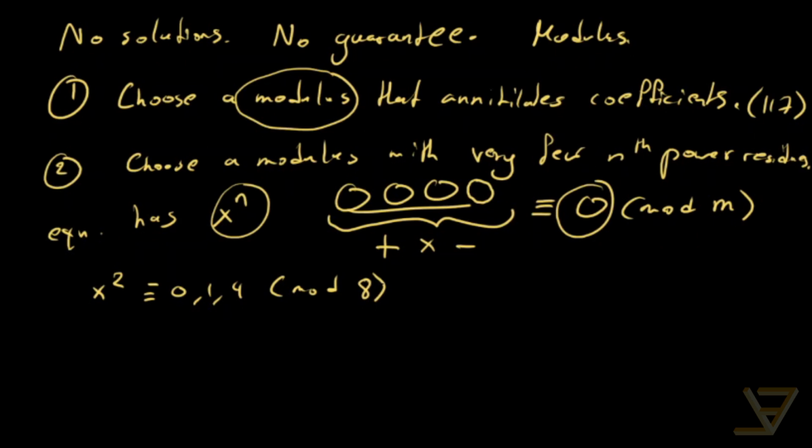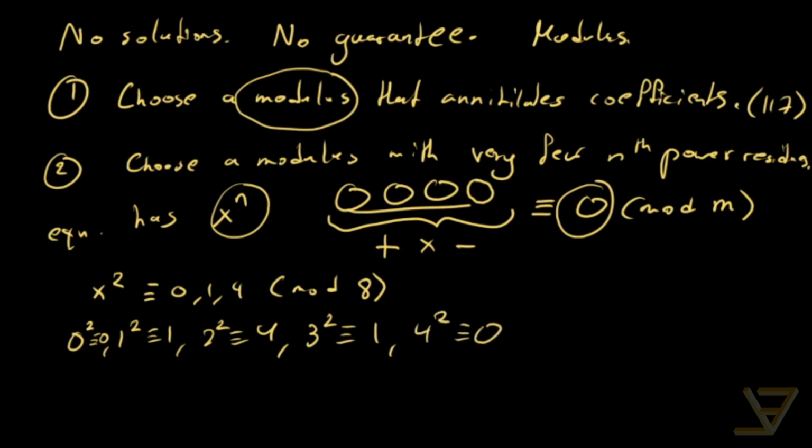We consider all the residues modulo 8. 0 squared is congruent to 0, 1 squared is congruent to 1, 2 squared is congruent to 4, 3 squared is congruent to 1, 4 squared is congruent to 0, 5 squared is congruent to 1, 6 squared is congruent to 4, and 7 squared is congruent to 1.